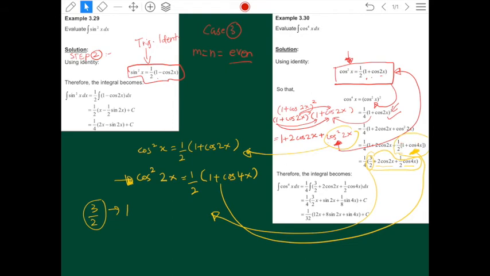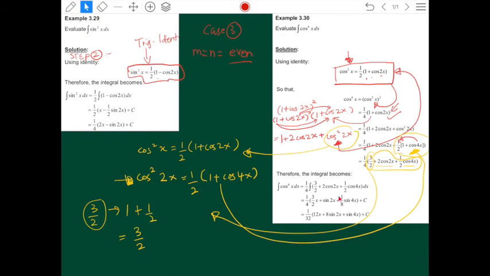You need to expand this one. So 1 plus half, you will get 3/2. So don't forget that you need to expand this as well. Next, when you already get it in this form, only then can you proceed with your integral process.